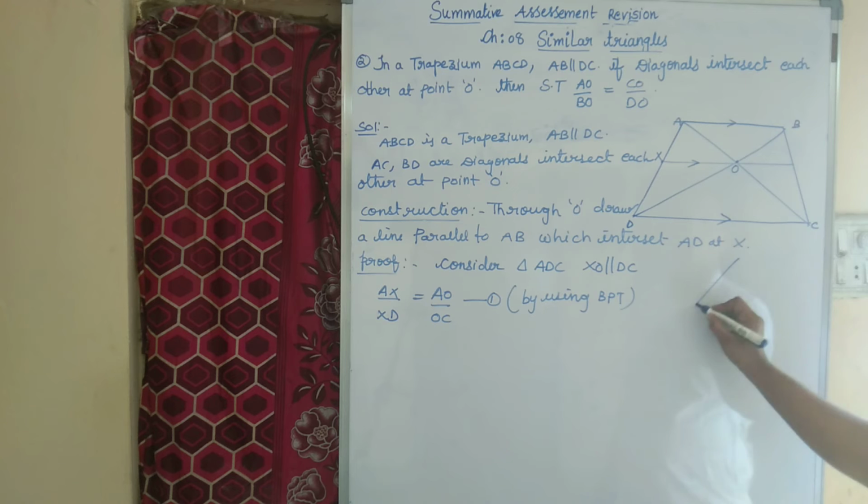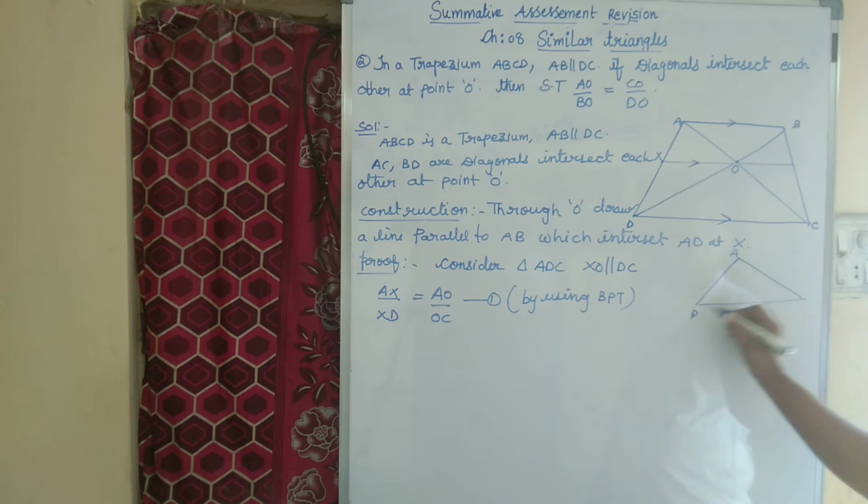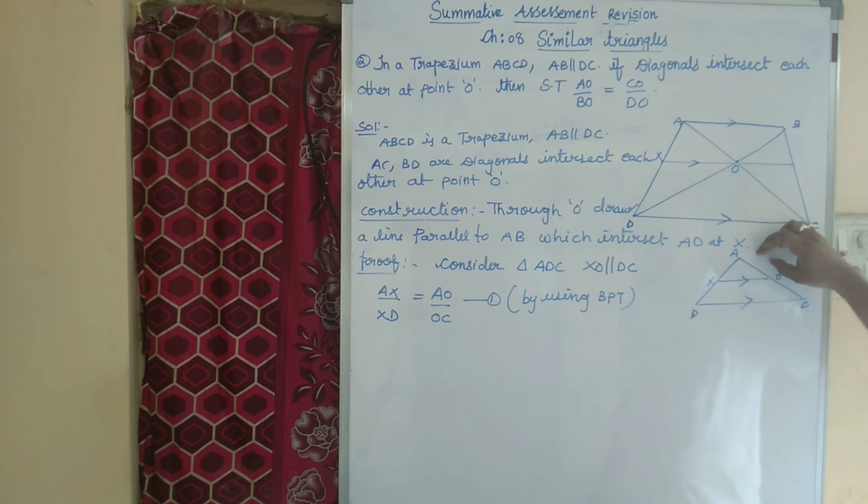So I can write AX by XD equal to AO by OC, by using BPT, the basic proportionality theorem. This is equation number 1. Is it clear, children? I consider triangle ADC in which XO is parallel to DC, so by using BPT, I can write AX by XD equal to AO by OC. That is equation number 1.